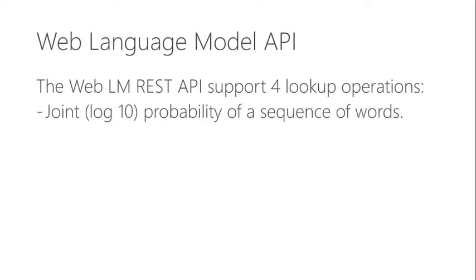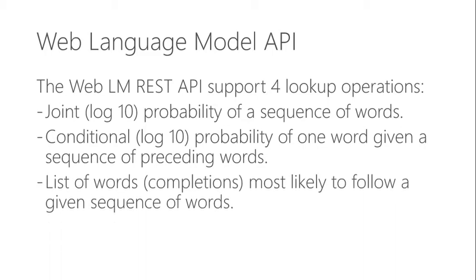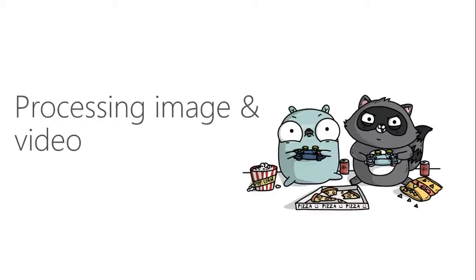First, joint probability of a sequence of words. Conditional probability of one word given a sequence of preceding words. List of word completions most likely to follow a given sequence of words. Word breaking of a string that contains no spaces.